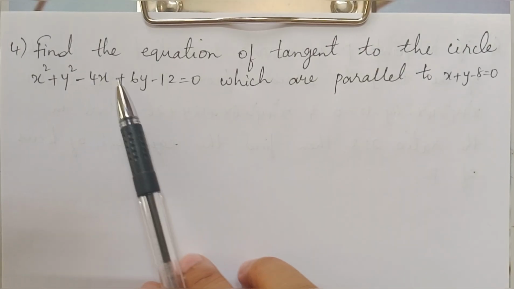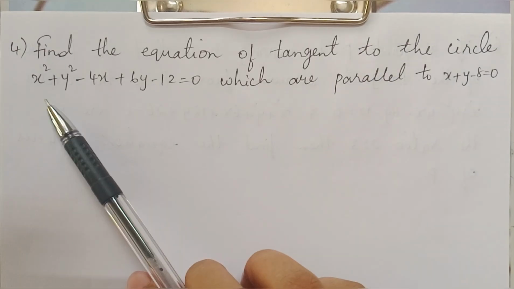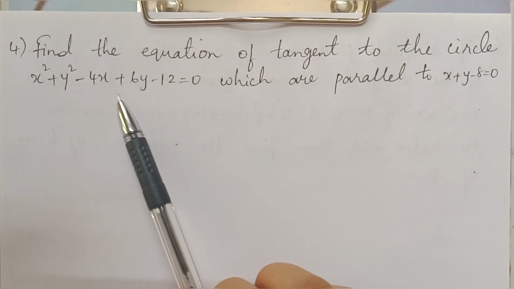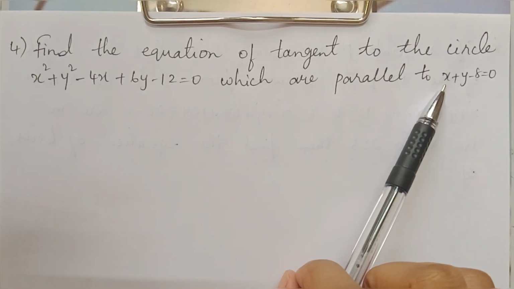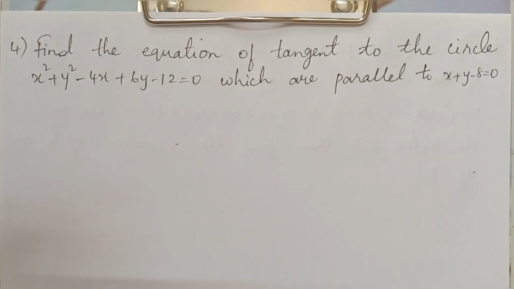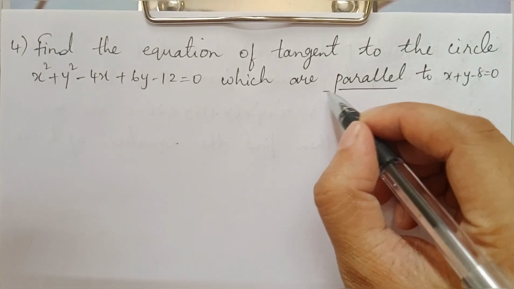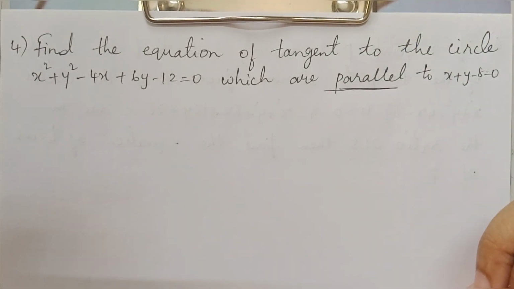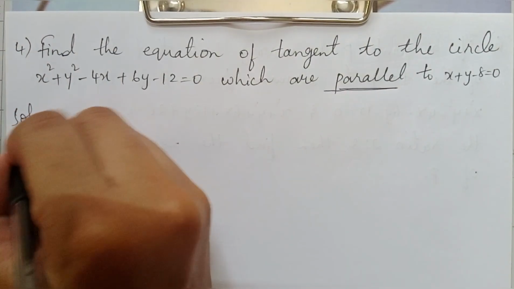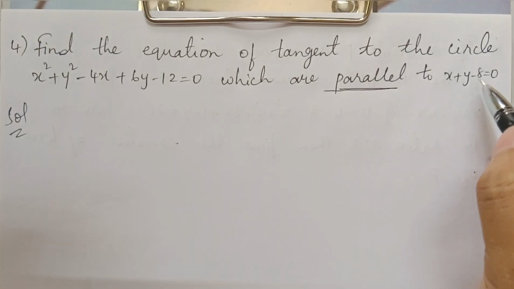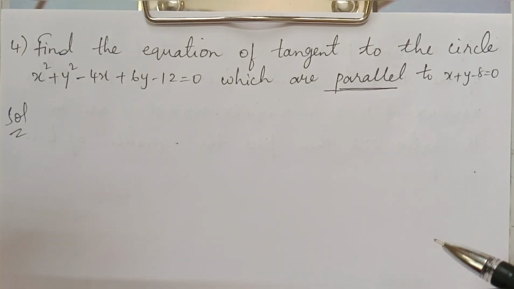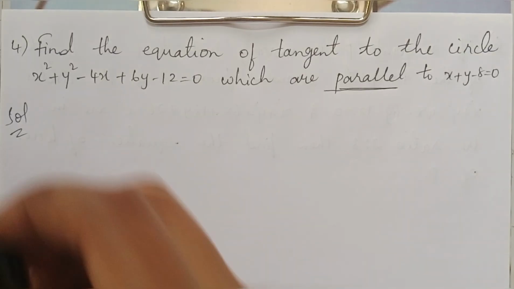So the fourth question is: find the equation of tangent to the circle x square plus y square minus 4x plus 6y minus 12 equals 0, which is parallel to the line x plus y minus 8 equals 0. Here we have the condition that the line is parallel, so we have to use the equation of a parallel line in which the constant will become k, and we should find the value of k here.